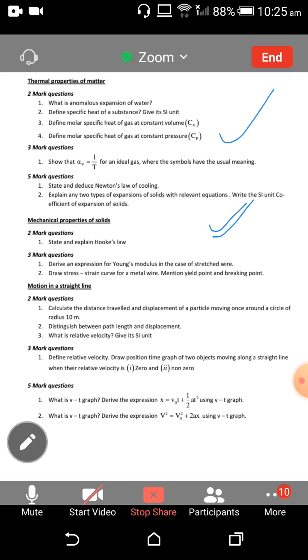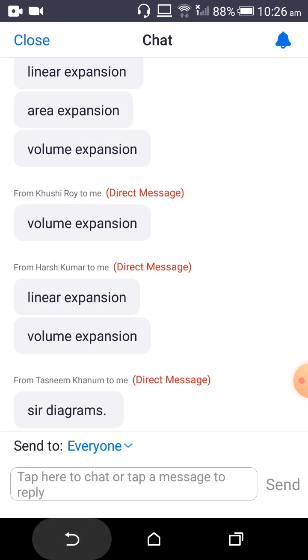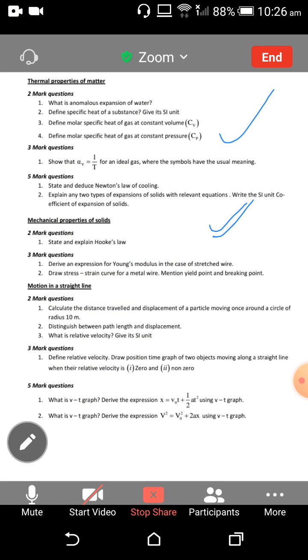What is the value of distance and displacement for that question? Anyone?